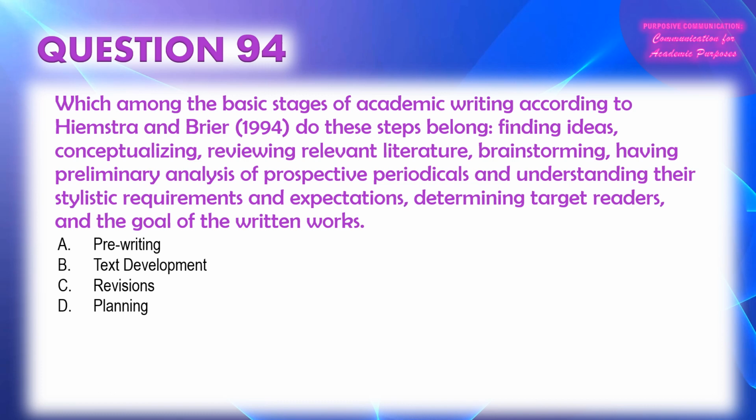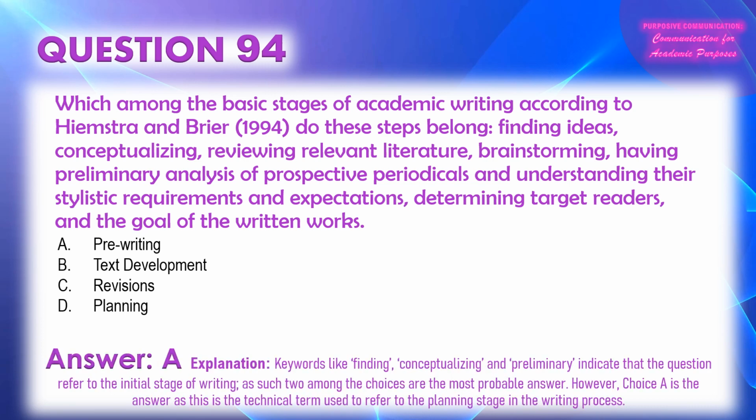Answer: A. Pre-writing. Keywords like finding, conceptualizing, and preliminary indicate that the question refers to the initial stage of writing. As such, two among the choices are the most probable answers. However, choice A is the answer as this is the technical term used to refer to the planning stage in the writing process.